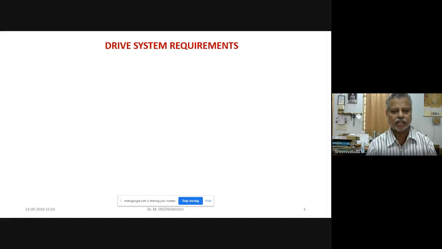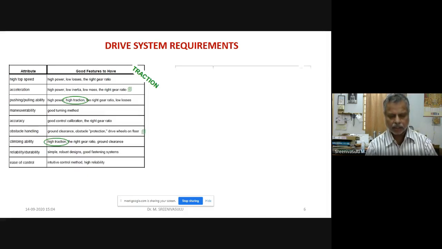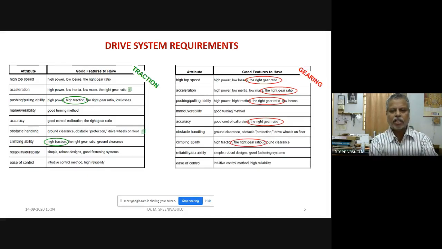Both are interrelated. Anyway, these two tables are a neat method to identify the attributes and the features against the attributes that need to be incorporated in a design. Here, the requirements of a drive system have been identified as a set of attributes, and those attributes were managed by adding certain features.